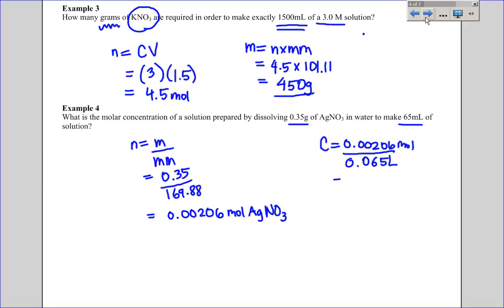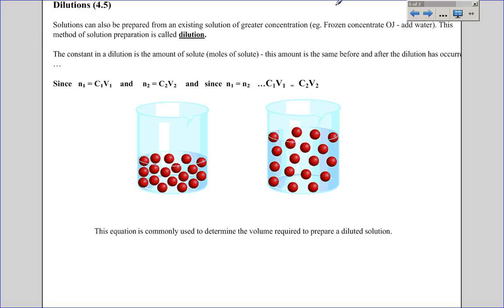And so those are the basics of solving problems using the molarity formula.